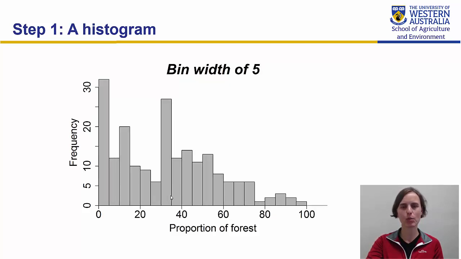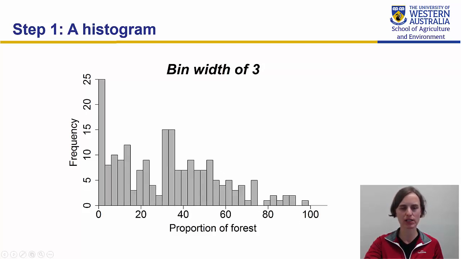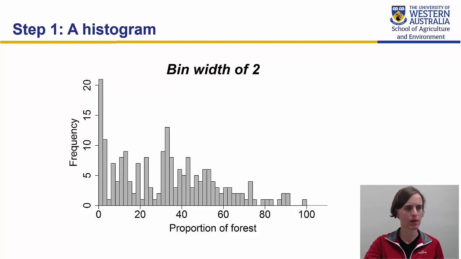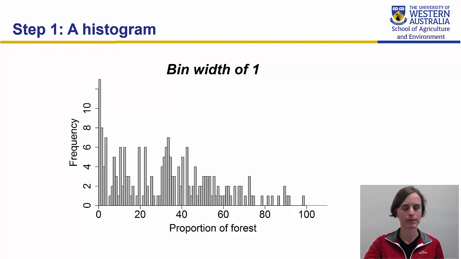I'd probably be inclined to go with a bin width of 5 here, because it gives a nice width that stops at a whole number, the whole 20, the whole 40. But it gives me enough detail to see that there is a spike between 30 and 35. Anyway, different ways to present data. How interesting.